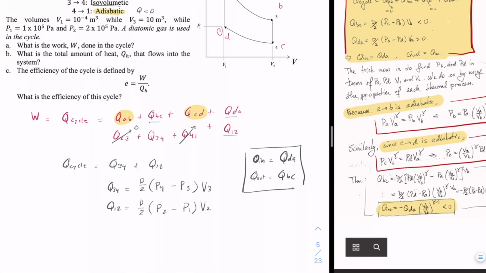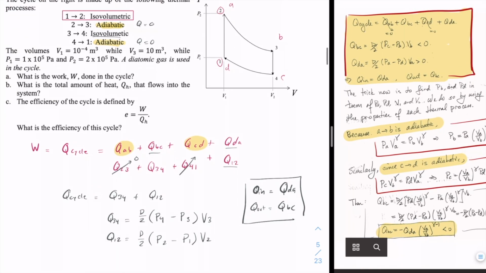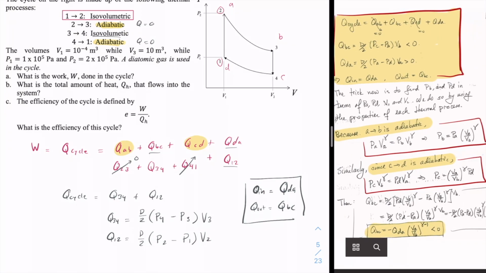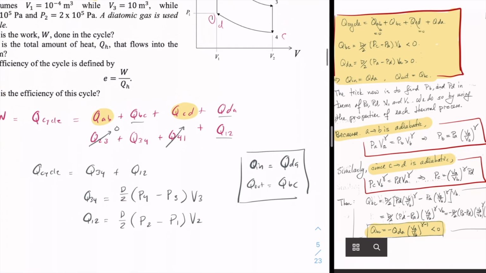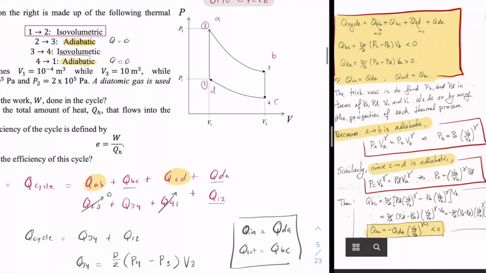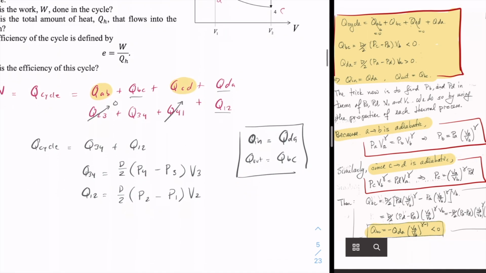So we know that from A to B this is adiabatic, right? And then from C to D, this is adiabatic. So this actually allows us to relate the pressures and volumes between those two points. So what does that mean? I don't know if I'm mapping this in a way that's super useful, but I'm just throwing out equations that we're able to use.